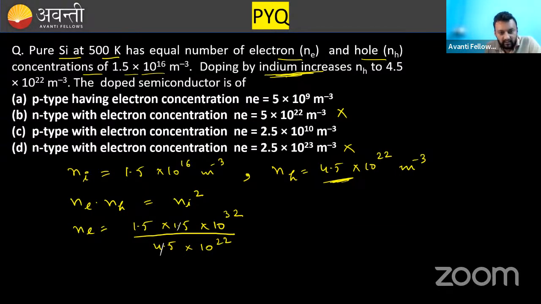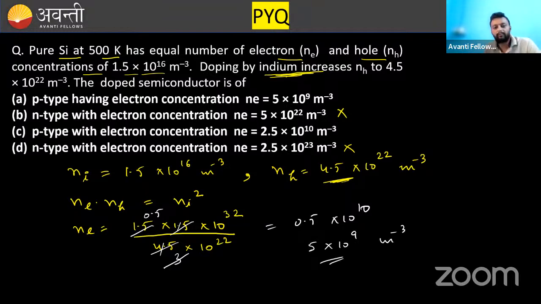Decimal can be cancelled. It will be 3, and if you solve it again, it will be 0.5, so 0.5 into 10 raised to the power 10. Written in this format, it becomes 5 into 10 raised to the power 9 per meter cube. So which option is correct? I think option A is correct. Clear?